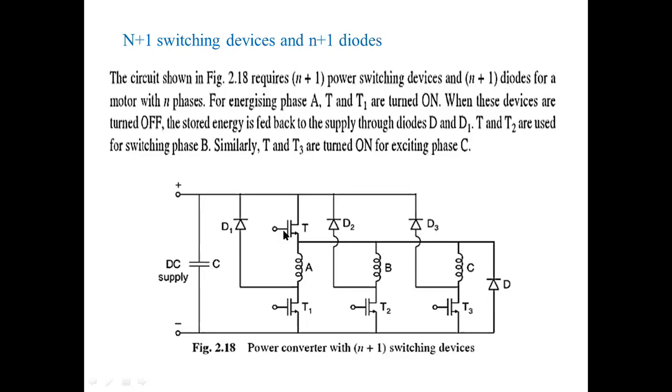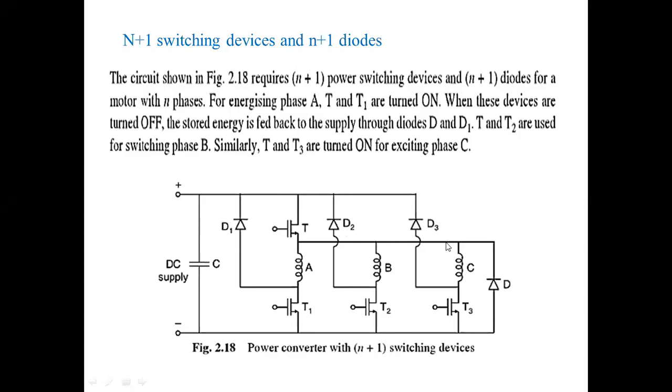Thyristor T, main thyristor and main diode. This is the main thyristor and main diode. These two are in an always conducting state, most of the time. And T1, T2, T3, D1, D2, D3, these thyristors and these three diodes get relaxed.